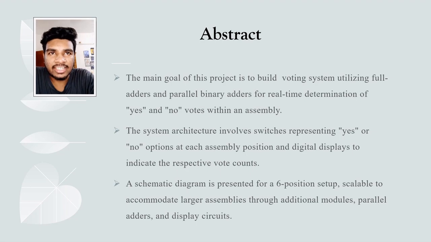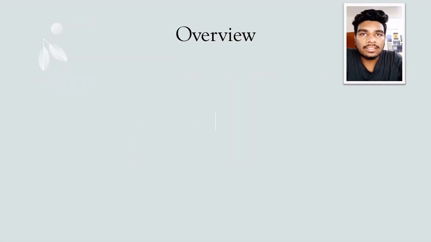The system architecture involves a switch representing a yes or no option at each assembly position, and displays to indicate the respective vote counts. A diagram is presented for a six-position setup, which can be extended to a longer assembly through additional modules, parallel adders and display circuits.